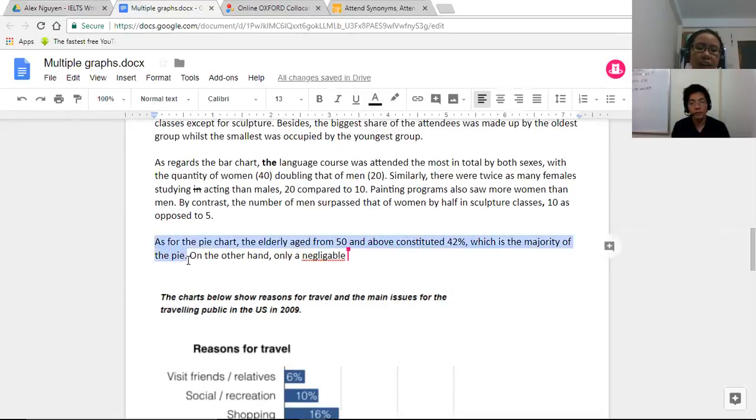Okay, wait. Again, I think I can find another problem. So you say, as for the pie chart, the elderly constituted 42%, which is the majority of the pie. You see, this is the idea, right? But I don't think this is the most concise way to express it. And actually, if you want to use majority, next time you can think of it this way.